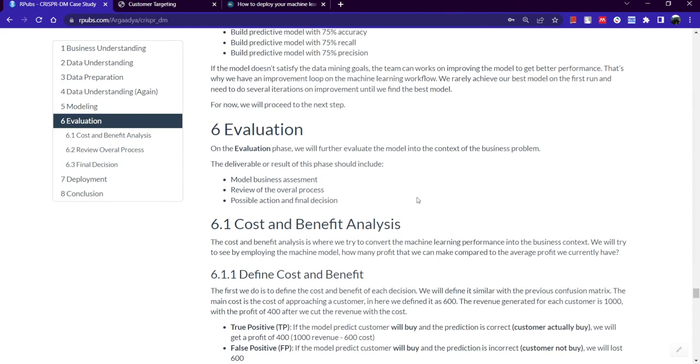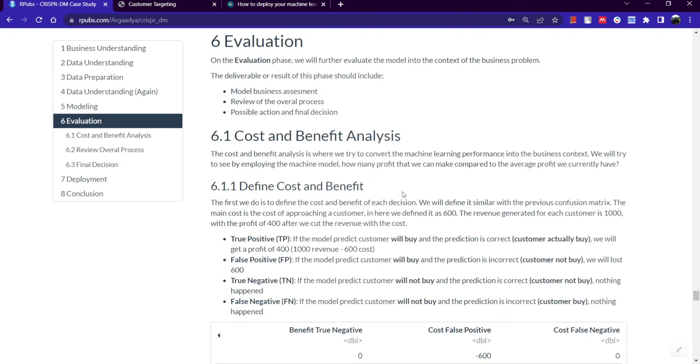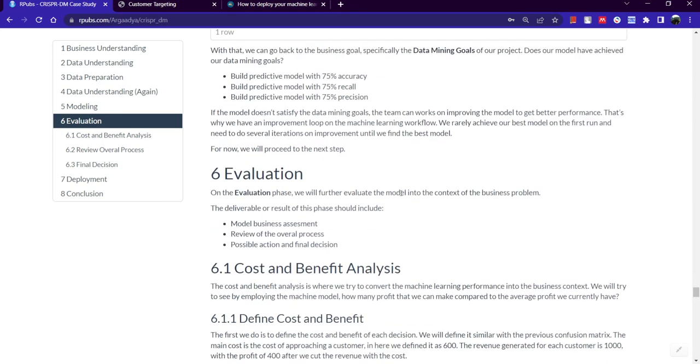Okay, now the interesting part here is how they show how the model is actually doing in terms of business perspective. So we already know about data mining goals. If you study any data mining or machine learning, most likely, definitely you will come into understanding all these metrics: accuracy, recall, precision if we are talking about classification, mean square error, and others if we talk about regression.